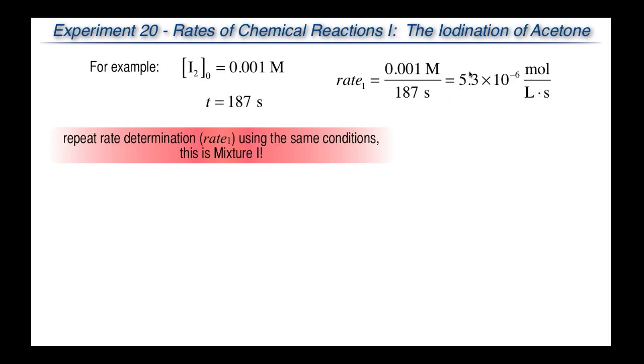Now I know my significant figures are off here, but the book is using all kinds of numbers with 1 sig fig, and I want you to report at least 2 sig figs for all of your calculations. So you'll do this under your first set of conditions, and then you're going to repeat this rate determination, again rate 1, using the same conditions. This is what your lab manual is referring to as mixture 1.